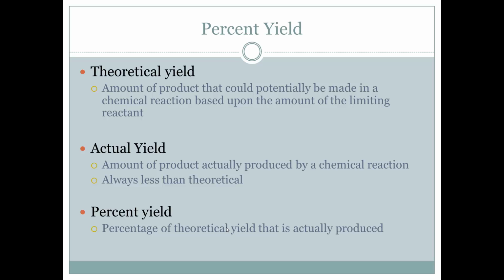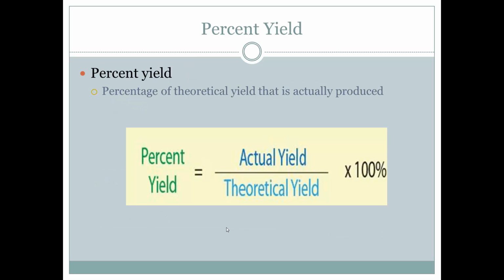It's always less than the theoretical. The percent yield is the percentage of the theoretical that is actually produced. So here's our equation. The actual is always on top, the theoretical is always on bottom. So this is what's made in lab.